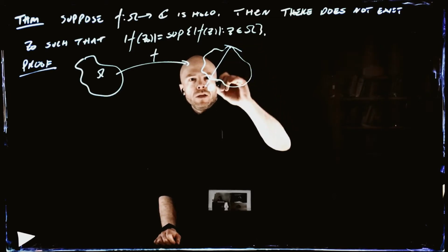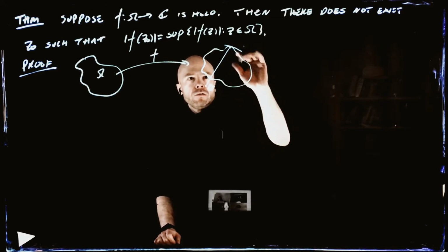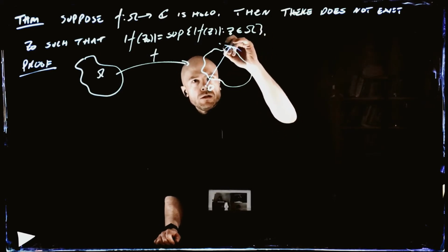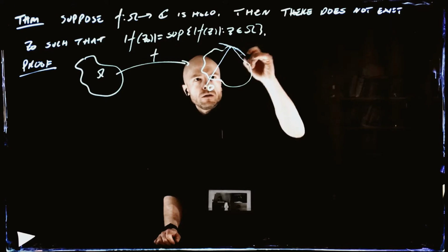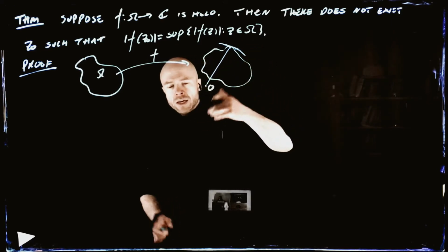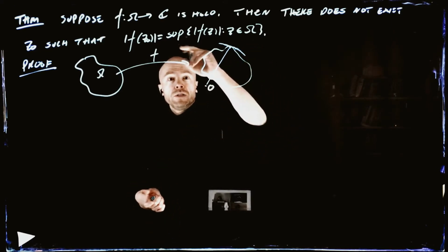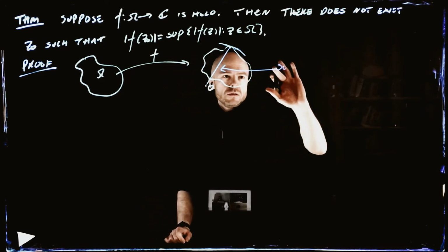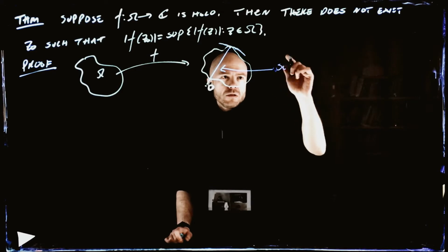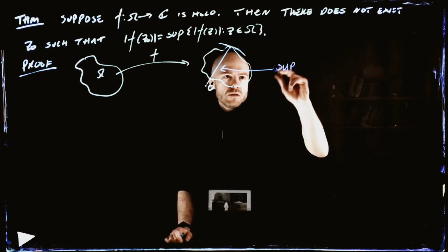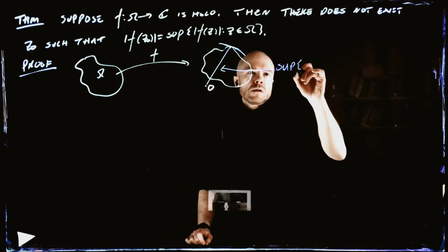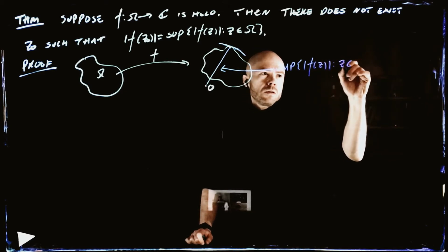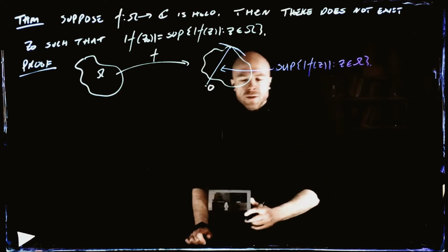So this distance here, which should be at right angles, I didn't really draw this right, would be the thing that gives this quantity right here. So this thing would be the supremum.